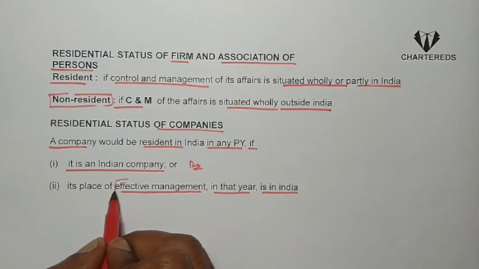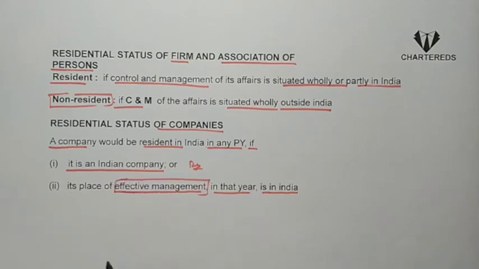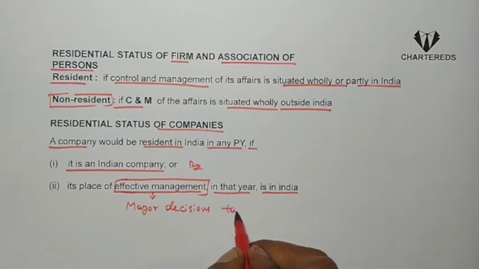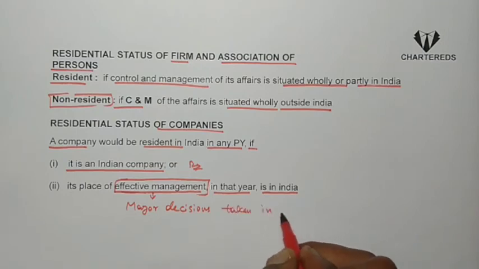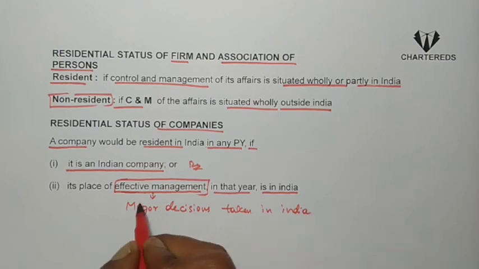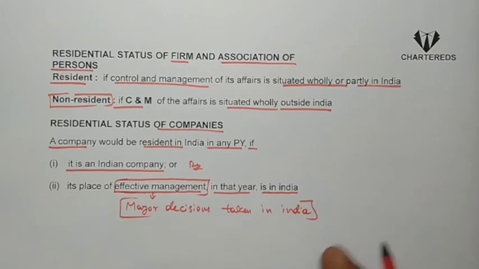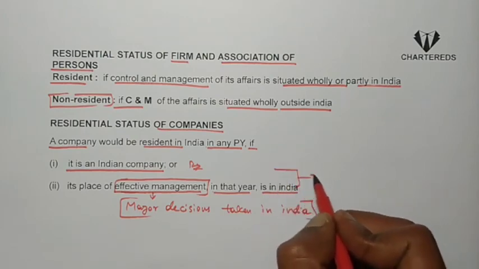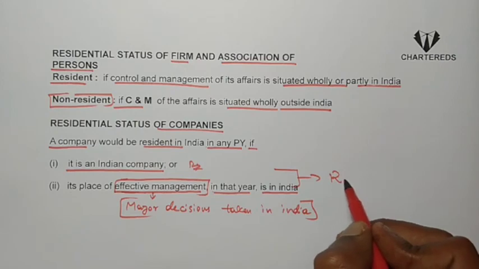Place of effective management means major decisions are taken in India. If the place of effective management in that year is in India, then the company is resident.